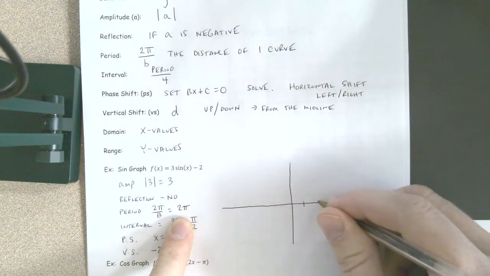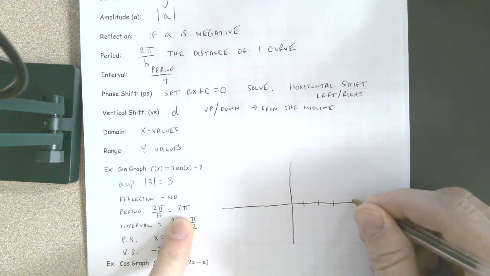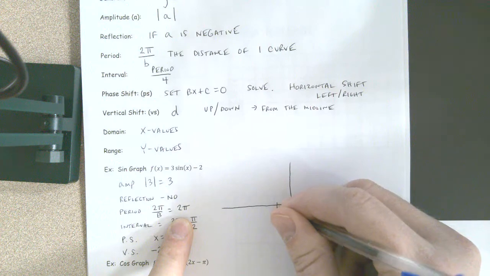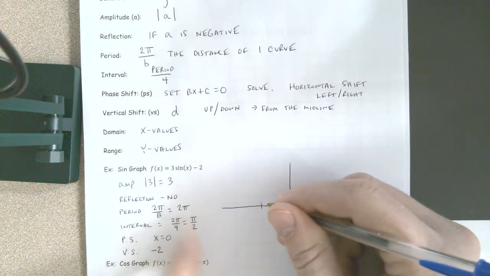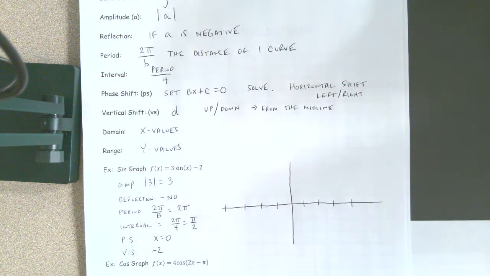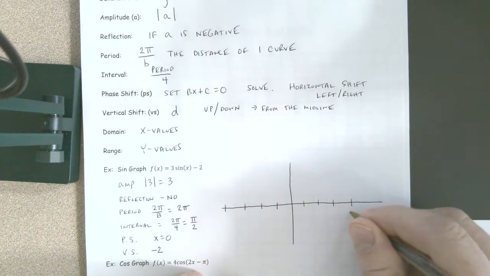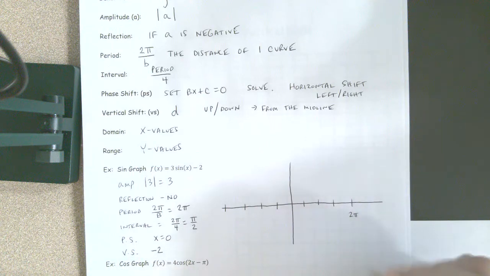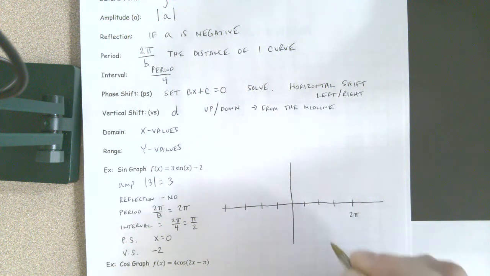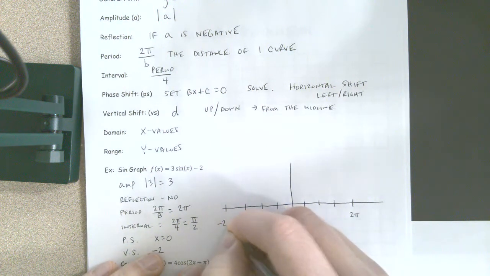So we're just going to go ahead and break it into 4 parts here. I'm going to go to the right 4, and I'm going to go to the left 4. This is one where we don't have any kind of horizontal shift. So one full curve is going to be 2 pi, from 0 to 2 pi. If I want to make my other curve, going to the left, that would go to -2 pi.